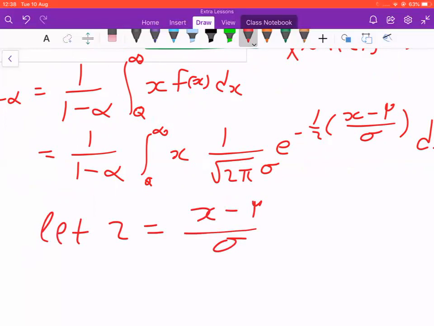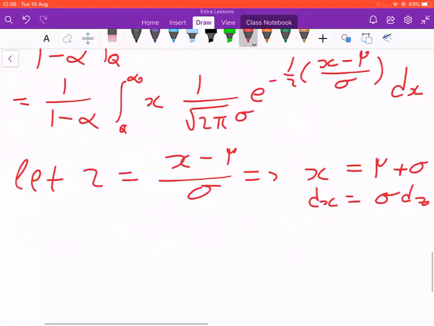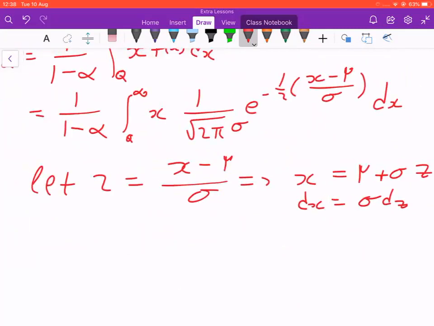You can say that x is going to be equal to mu plus sigma z, so dx is going to be sigma dz, right? So your option now is to just simplify these things.